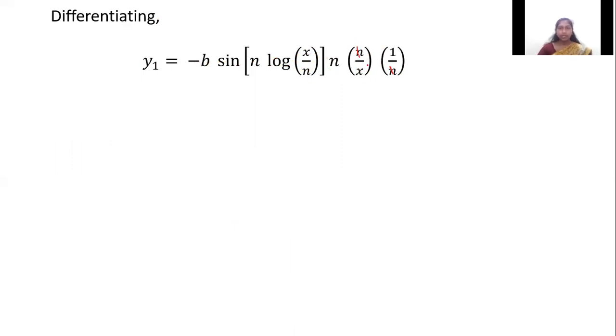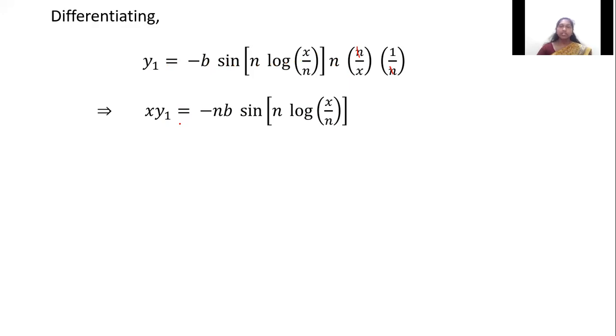And you could see that there is an x in the denominator. That x we can take on to the LHS, and this n you can bring to the beginning of the sine function. So what do we get? x y1 is equal to minus n b sine n log x by n.